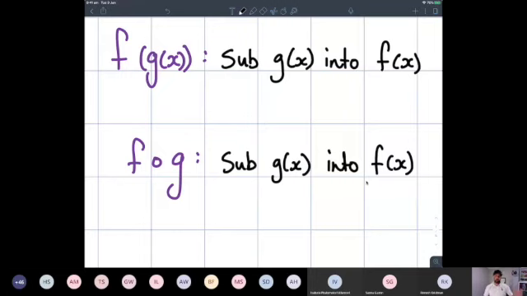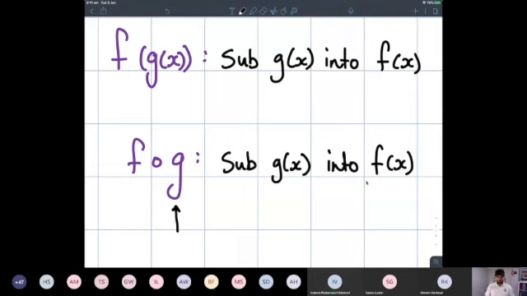If I said John and Jenny share Lotto in a ratio of 3 to 1, John gets 3, Jenny gets 1, because that's the order that I've mentioned it. When we talk about fog notation, the f of g, it's the order. Since g is mentioned second, it's the thing that's going inside f.